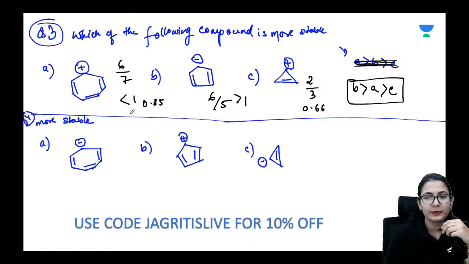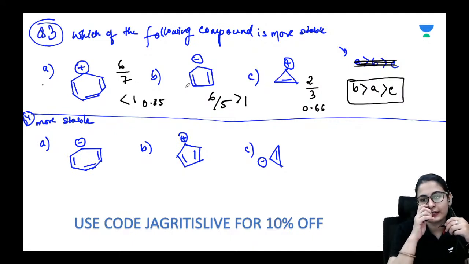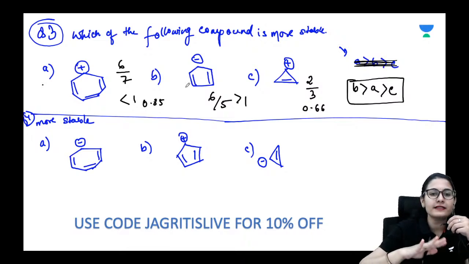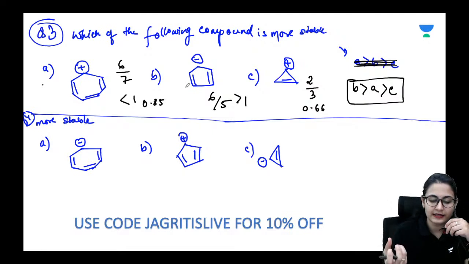Alright, B is greater than A because of the charge, because same है ना, A and B are having the same charge. Yes, 6 pi electrons are there. So when there are same number of electrons, then you consider the charge density. Yes, तो मैम प्लस चार्ज का. Yes, see what happened. Yes, Ayush, इसको देखो. You have 6 pi electrons over here.